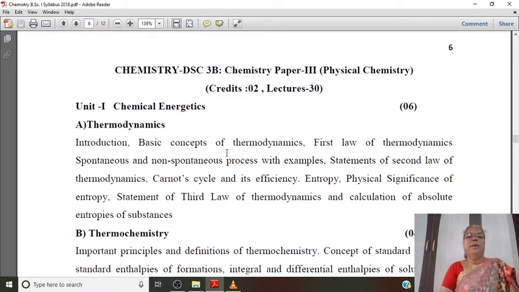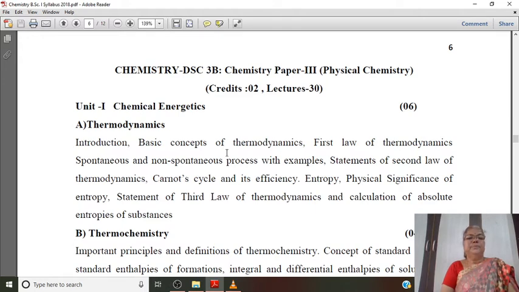Remember, all these laws are based on human observations and they are proved with the help of mathematical formulas. That means all these laws are important in our daily life also, and it is a quite interesting chapter.